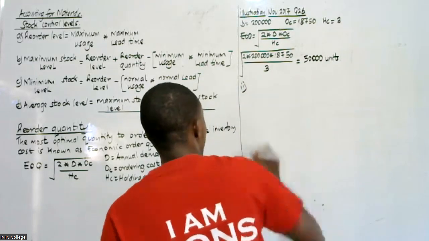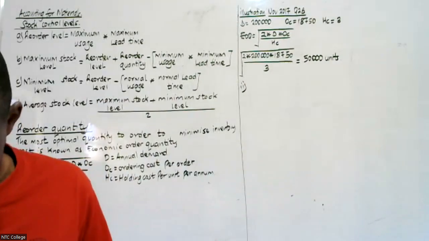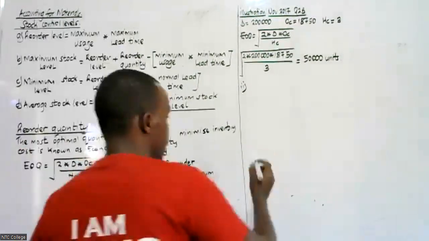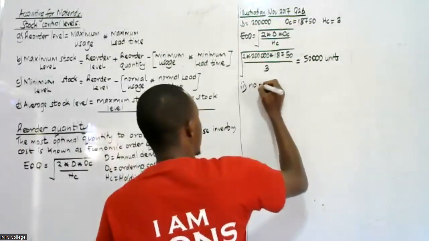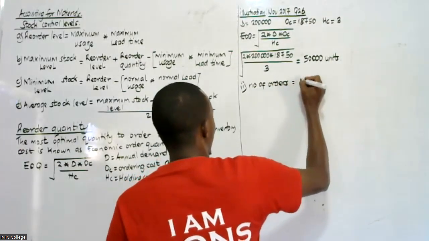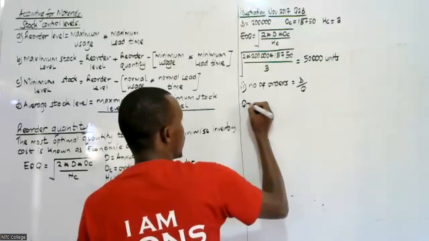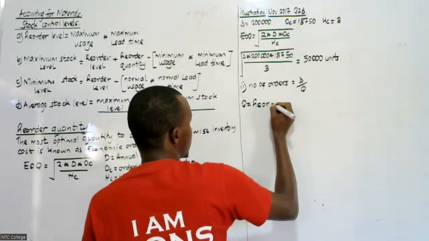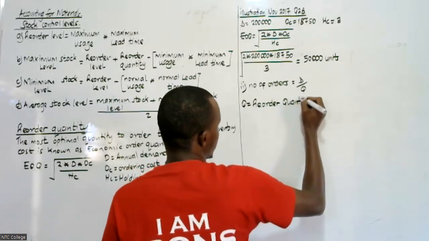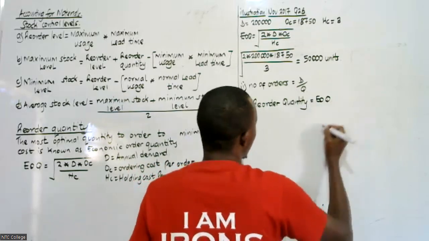Part 2 of that question is saying the marketing manager intends to reduce the number of orders to be placed per year. The number of orders is given by your annual demand divided by Q, where Q is your reorder quantity, which in this case is your economic order quantity.